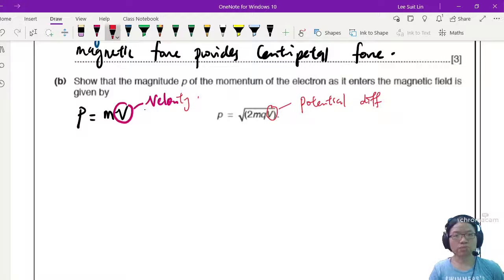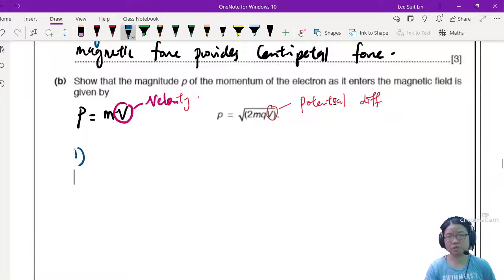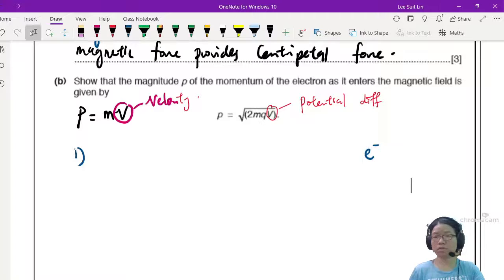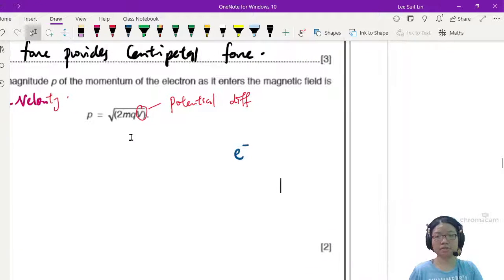Okay, so step 1. The reason why we have velocity in the first place is because the potential difference accelerates the electron. So what they will do is, before the electron enters the magnetic field, let's say the magnetic field is here.